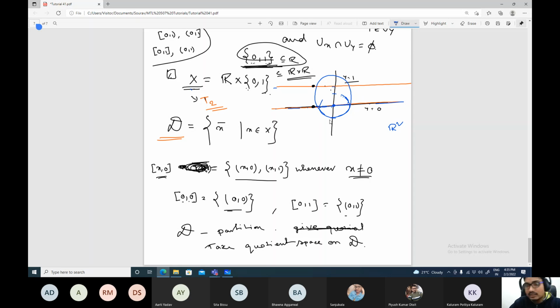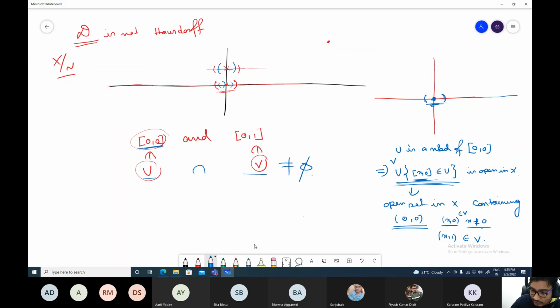If we take the image of this kind of intervals, it will give you an open set around (0, 0) in the quotient. That is why I have taken this red one to be of this form, except this one containing (0, 0). Clear now? And a similar thing holds for this point also. Is it clear now?